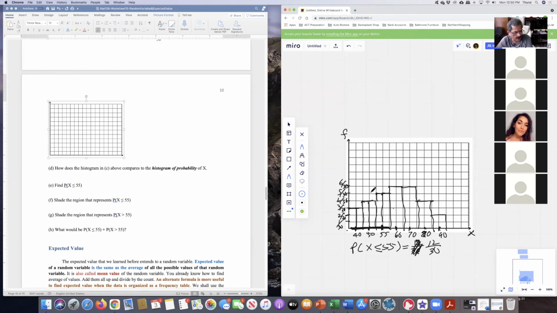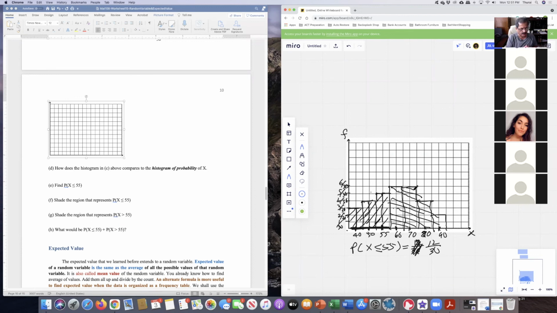And now it says shade the region that represents probability for x less than or equal to 55. That'll be these bars, right? You need to shade these 3 bars. Shade the region that represents x greater than 55. X greater than 55 will be the right side, which is starting from here, 60, these. I'm shading in the opposite way. So that'll be the probability for x greater than 55.